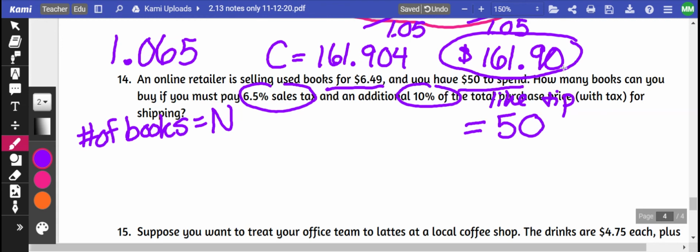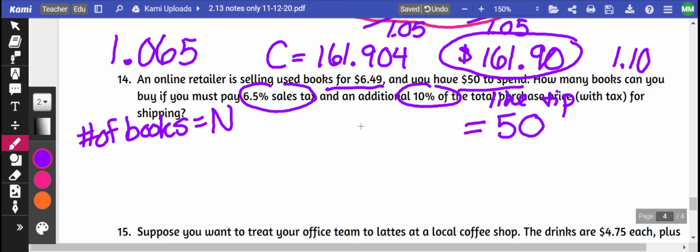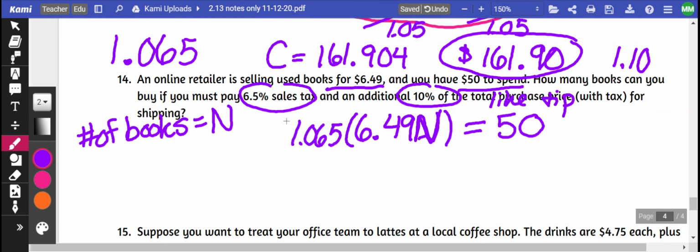And the 10% shipping will be 1.10. Each cost of the book is $6.49. We're going to have the tax applied first, and then shipping.